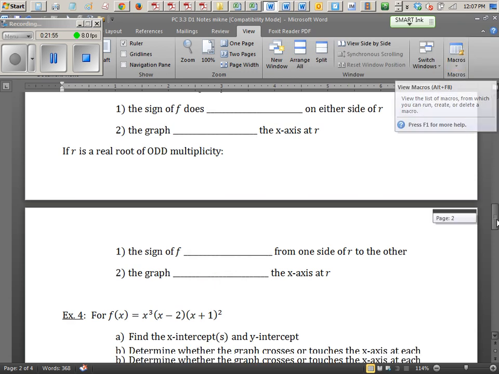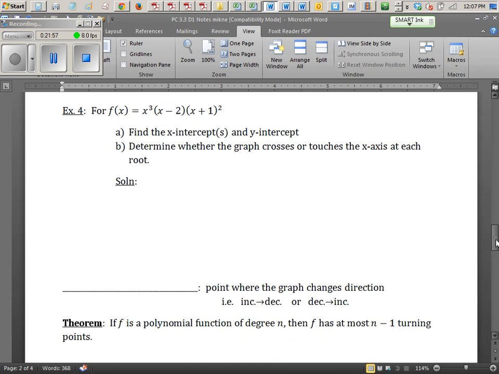Okay, so can I erase this? All right, so let's go down here and look at this example. First thing we're going to do is find the x-intercept and the y-intercept. Now, there's going to be more than one x-intercept. Basically, whatever the roots are, those are your x-intercepts. So let's make another one of those little roots and multiplicity tables. What numbers make this polynomial come out to 0?